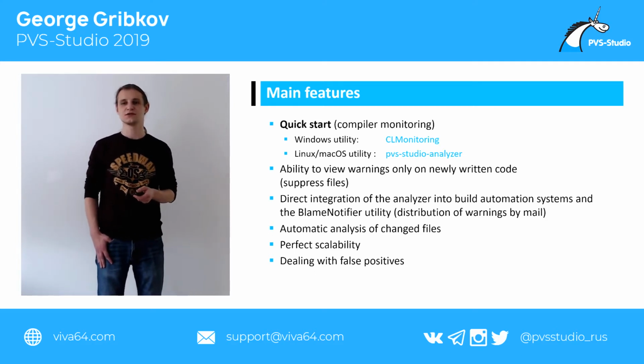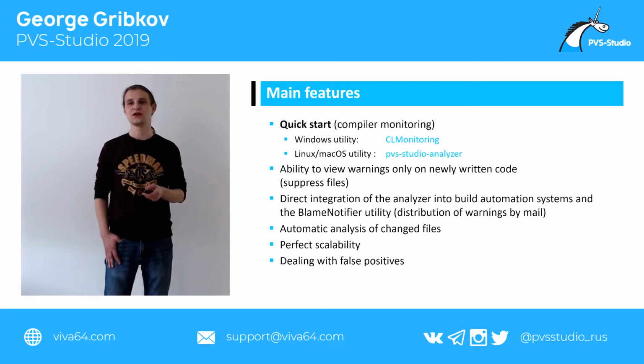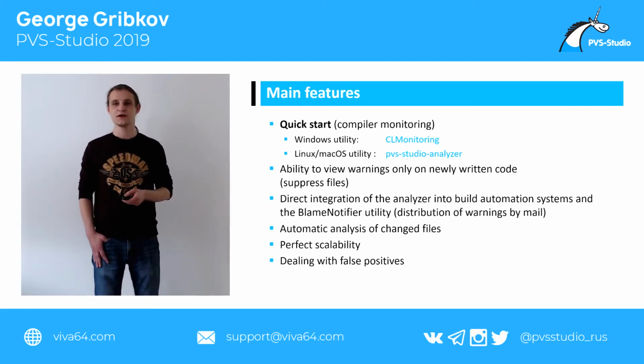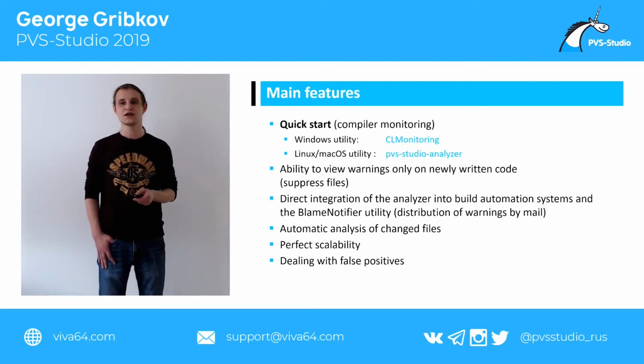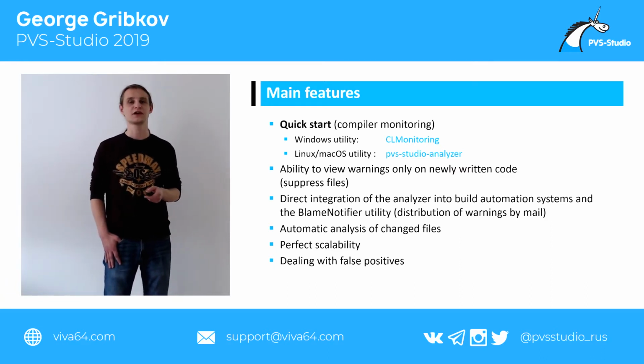That is, you just start the build, this tool collects the keys with which the compilation is started, and after that, the automatic verification of the compiled files will run. PVS-Studio also has an important function, suppress files, which allows you to view messages for just written code. All these and many other functions of the analyzer allow you to quickly start analyzing your project.